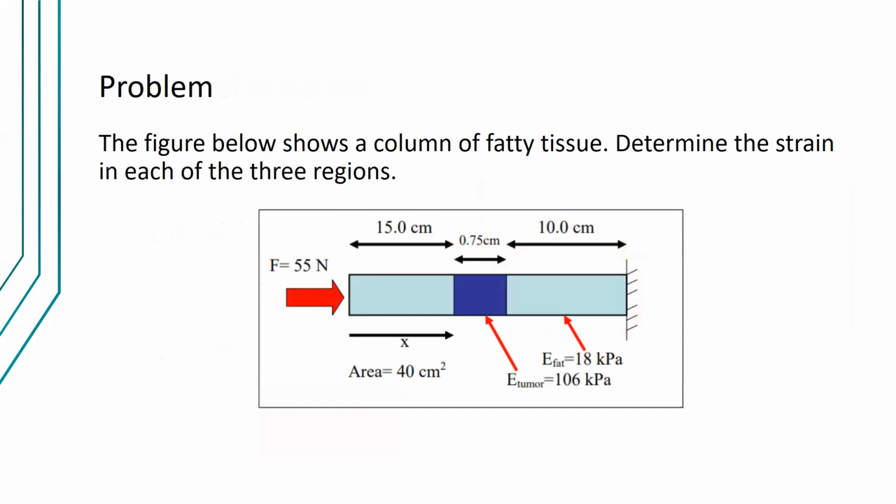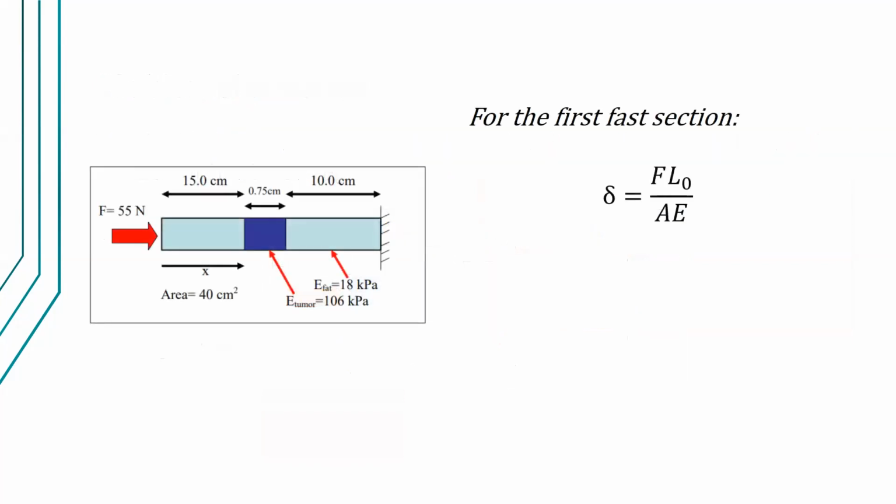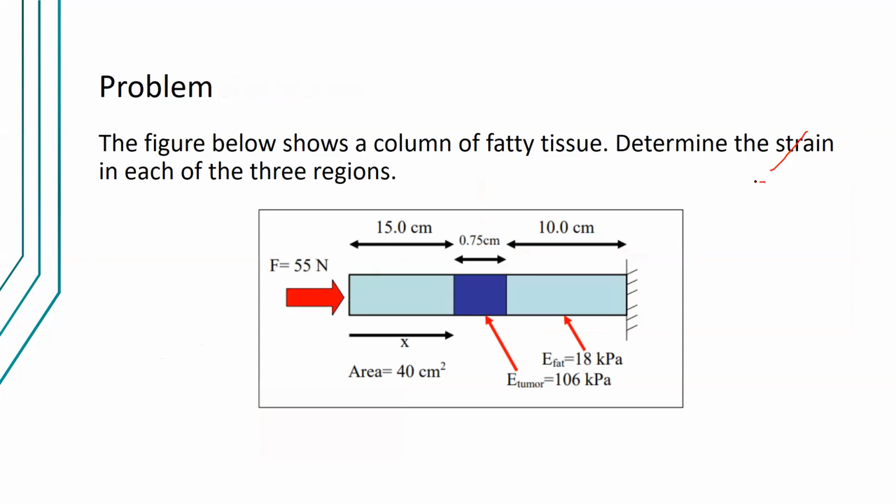So let's try to solve this one. I have here a figure for a column of fatty tissue, and we want to know the strain in each of the three regions. Let me replace this with probably the deformation instead of the strain, or the change in length.